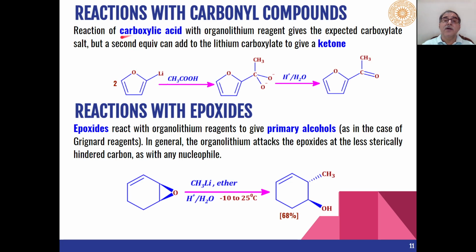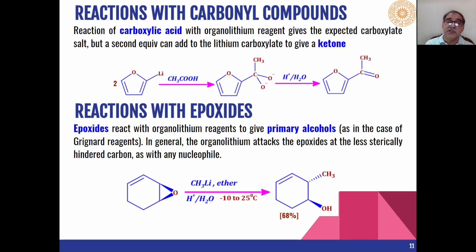Then carboxylic acids also react with organolithium reagents to give us ketones as the product of hydrolysis. So first, this will add to the carboxylic acid to give us these types of carboxylates, which on hydrolysis will give us ketones as the product.